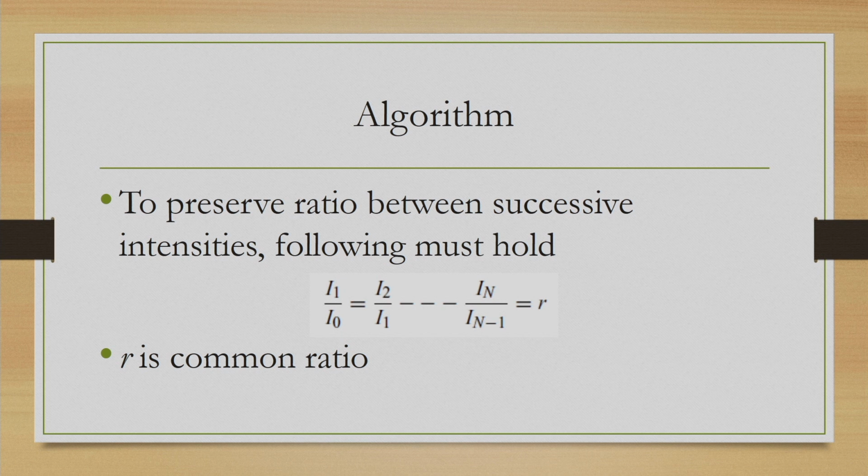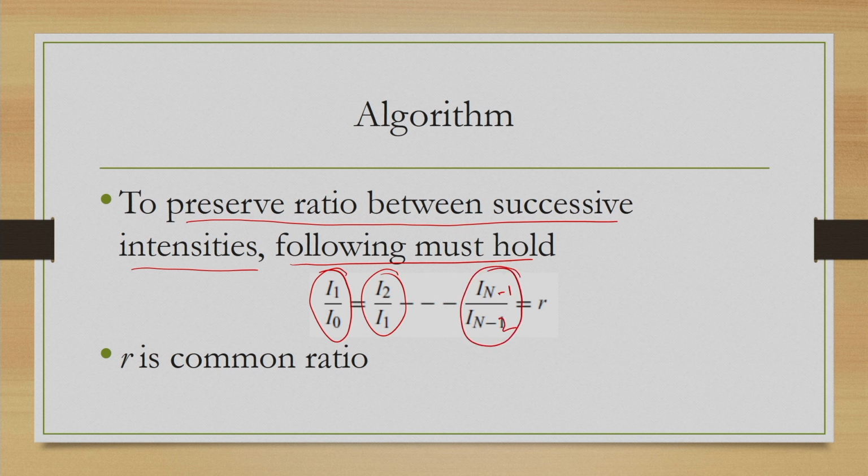Now, we will apply the knowledge that we have just discussed, that is to preserve the ratio between successive intensities. We must ensure the following, that is I1 by I0 equal to I2 by I1 up to In minus 1 by In minus 2, equal to a common ratio R. So, the ratio of the consecutive intensity values supported by the device should be the same.